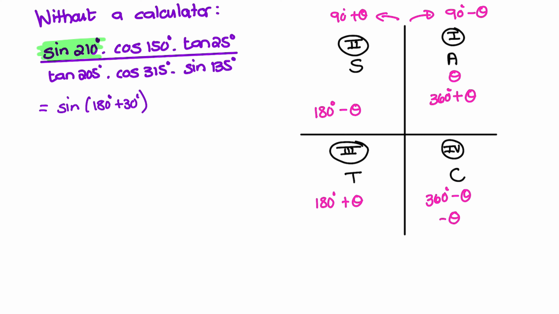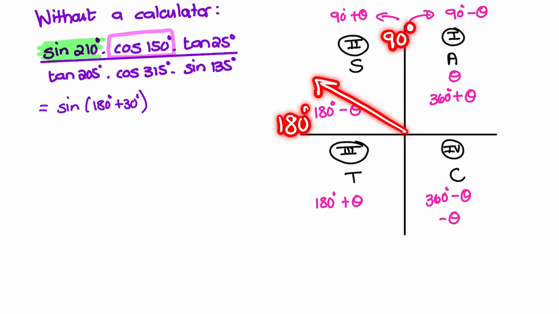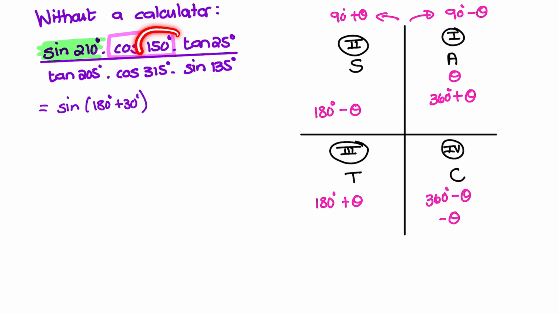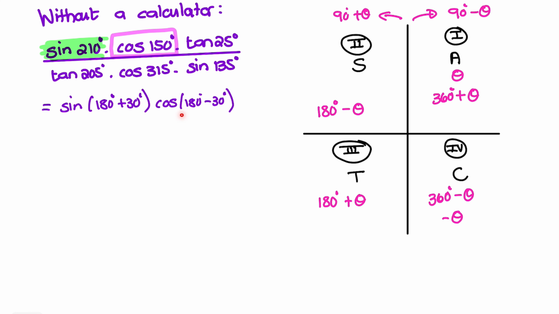Next, we have the cosine of 150 degrees. That places me in quadrant 2 because it's more than 90 but less than 180. For quadrant 2, we'll rewrite 150 as 180 minus an angle. So it will be the cosine of 180 degrees minus 30 degrees, and notice that is still 150 degrees.